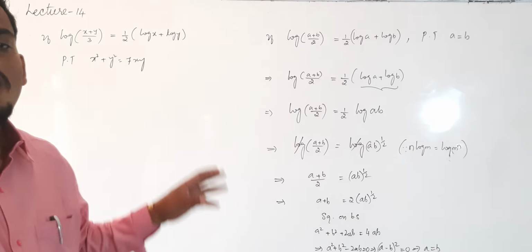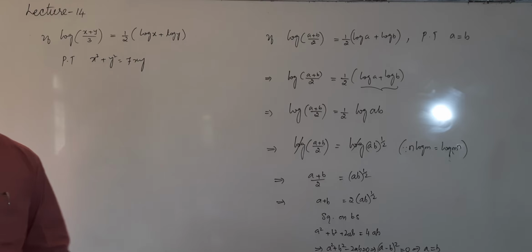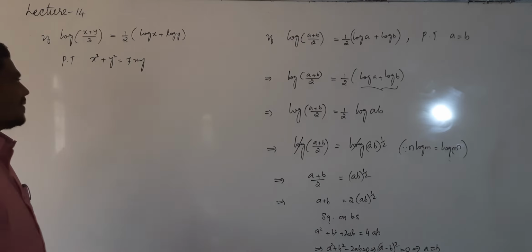If log of (x plus y) divided by 3 equals 1 by 2 times (log x plus log y), then prove that x square plus y square equals 7xy.